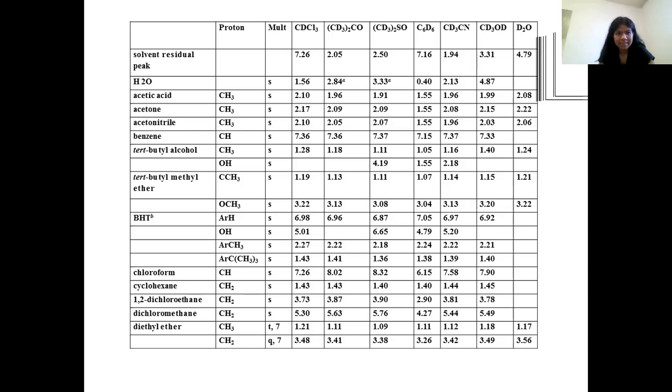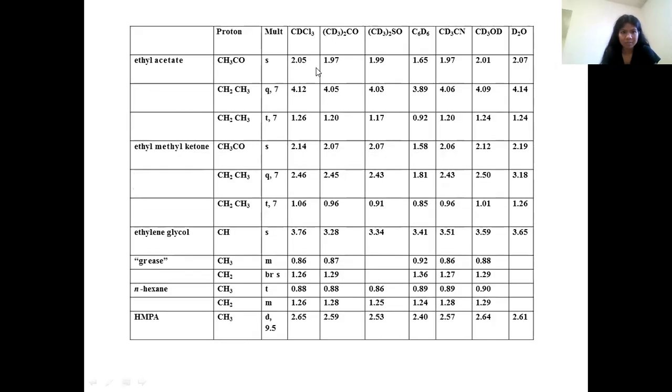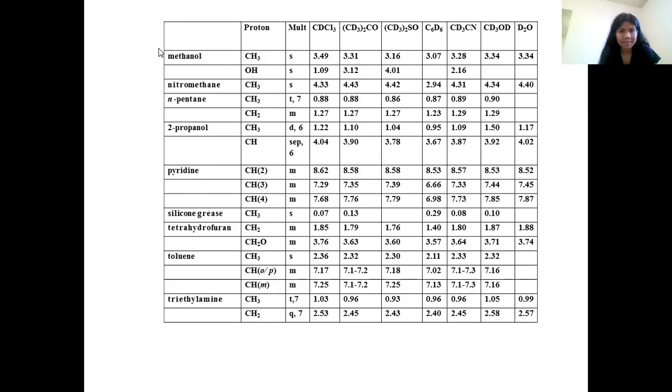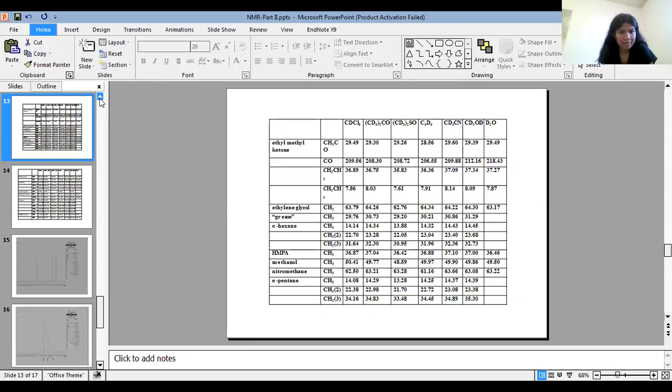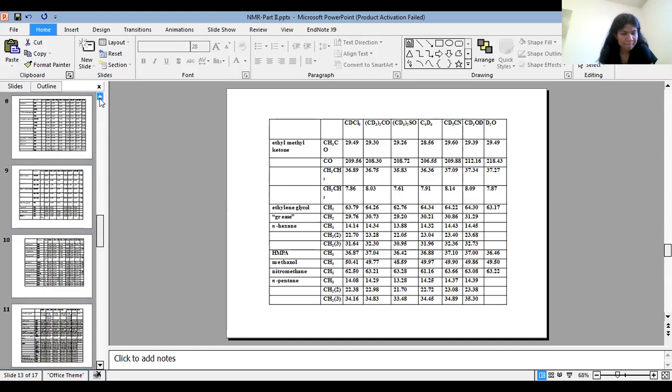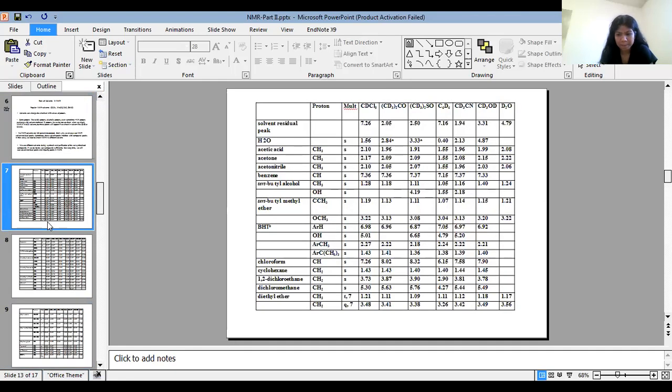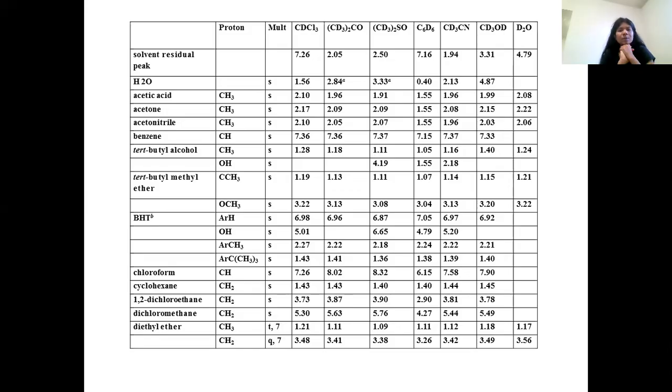As you can see in this table, this is for proton NMR, the solvent residual peaks. I'm sorry, let me go back. So the solvent residual peaks for proton NMR in different solvents.